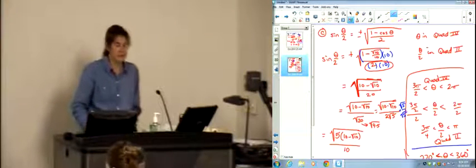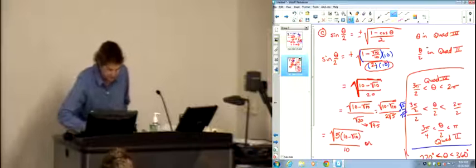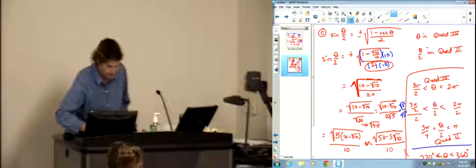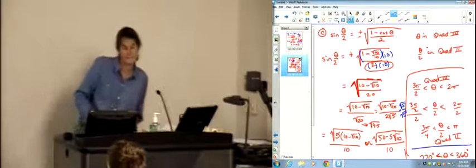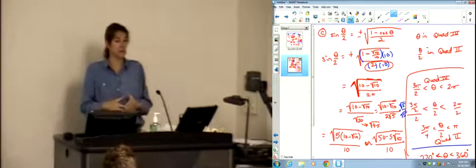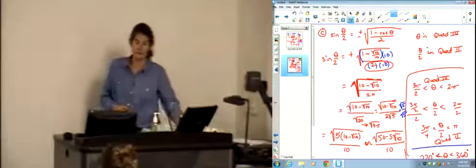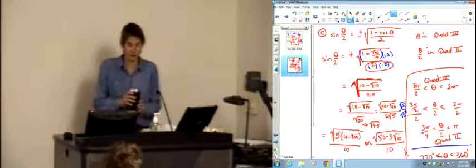So you could leave it that way, or you might say the square root of 50 minus 5 square roots of 10 over 10. Now that 10 in the denominator is not under the radical.